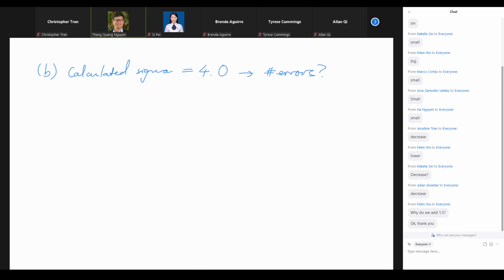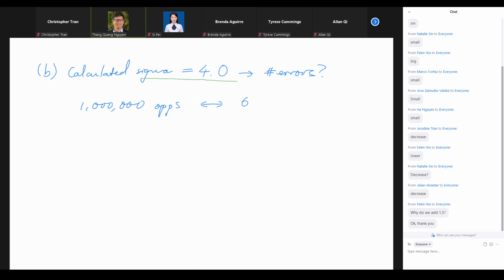Okay, so if we look at the lookup table at 4.0 sigma, then we know that out of 1 million opportunities, we're going to have 6,000.